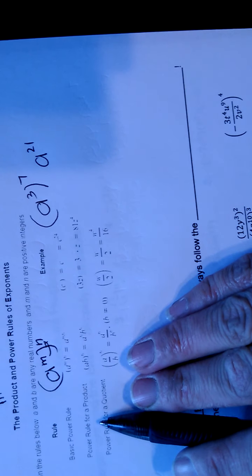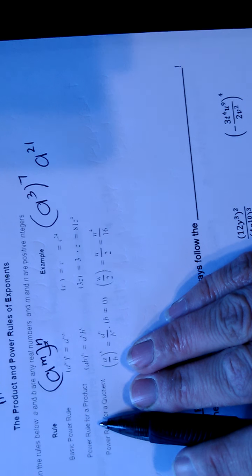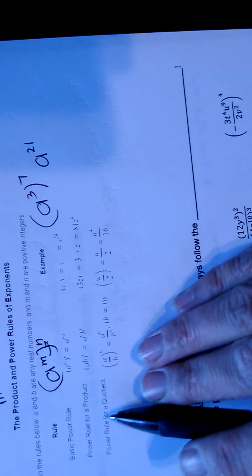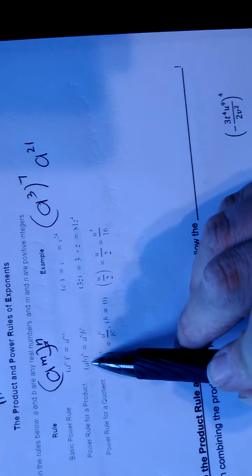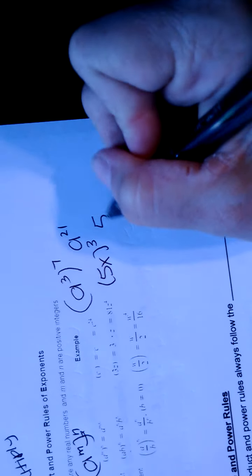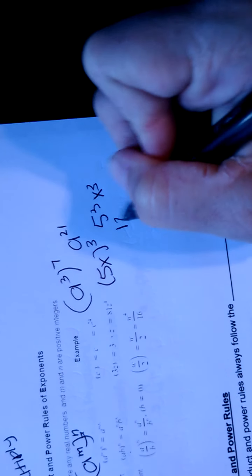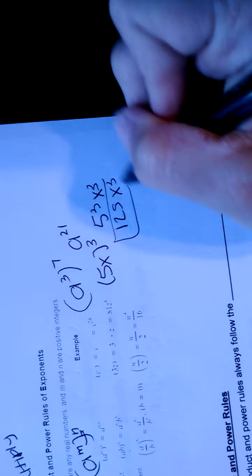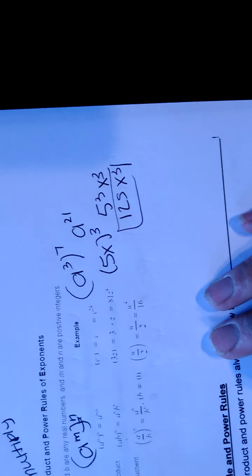The next thing that you can see here very vaguely, power rule for a product, okay? So what's going on there is you've got, again, something we just saw where you had, say, 5x that was all raised to the third power. Each of those things has to get raised to the third power. So again, we saw some of those a second ago, okay?